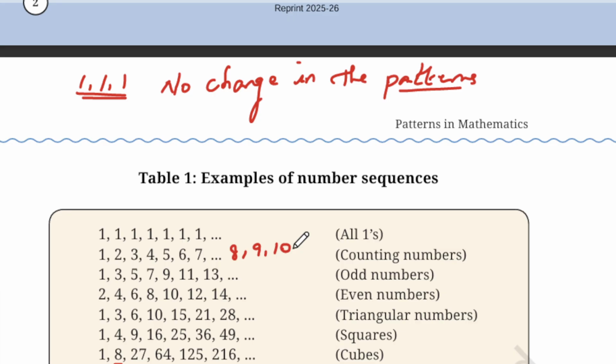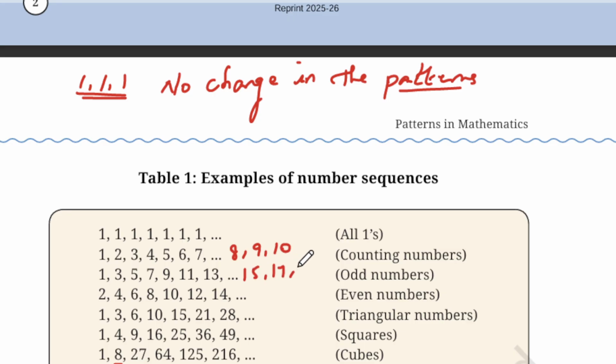Okay, the next one is odd numbers. We already know what odd numbers are: numbers that cannot be exactly divided by 2. We have 3, 5, 7, 9, 11, 13, and the next 3 would be 15, 17 and 19.